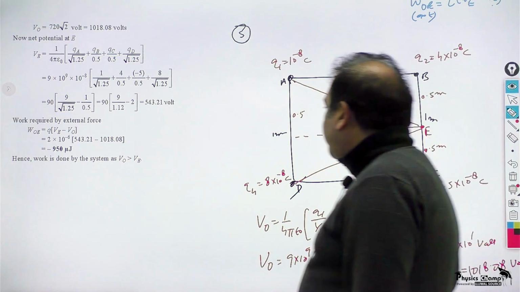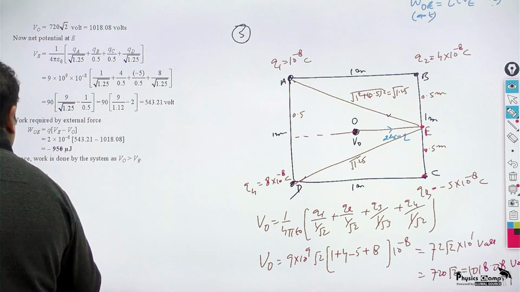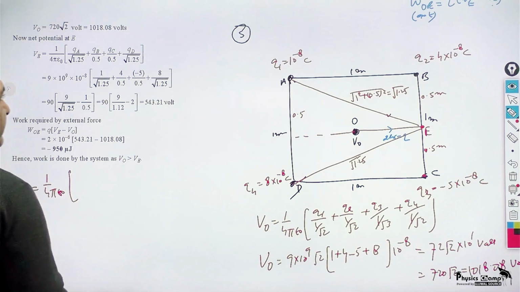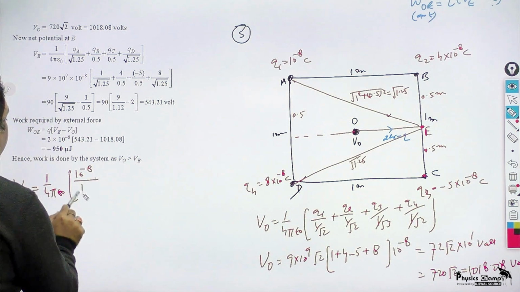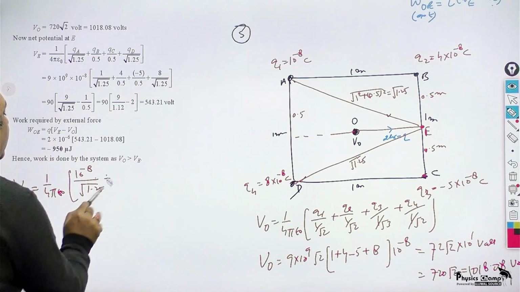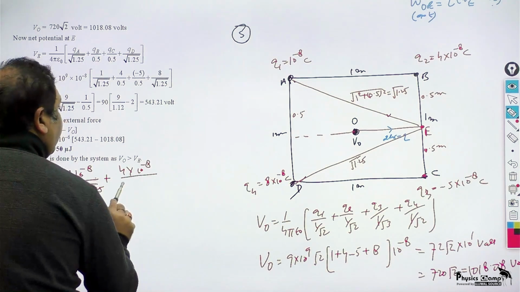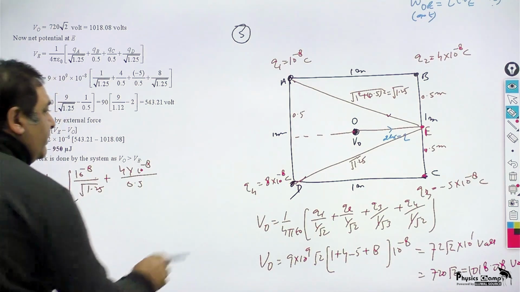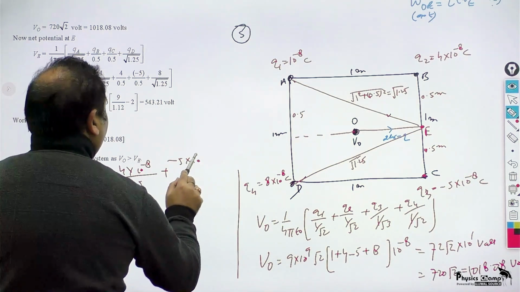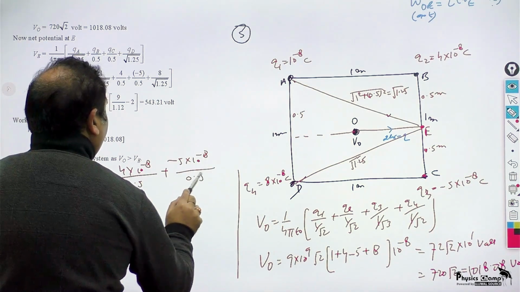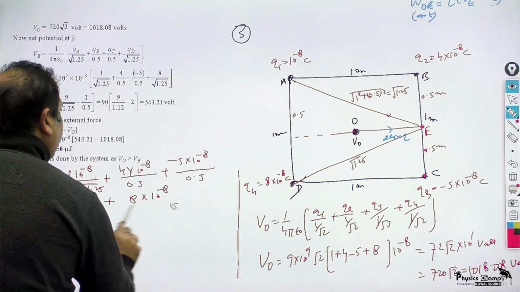So if I am looking for potential at E, it will be 1 by 4 pi epsilon naught, 10 to the power minus 8 Q1 by root 1.25, plus Q2, 4 into 10 to the power minus 8 divided by 0.5, plus minus 5 into 10 to the power minus 8 divided by 0.5, plus 8 into 10 to the power minus 8 divided by root 1.25.